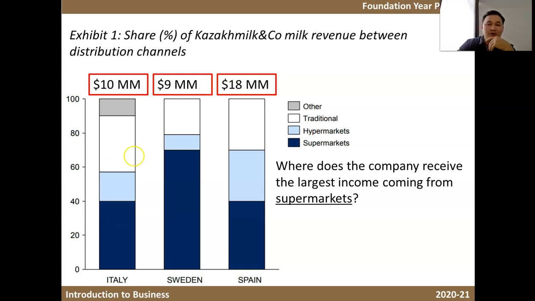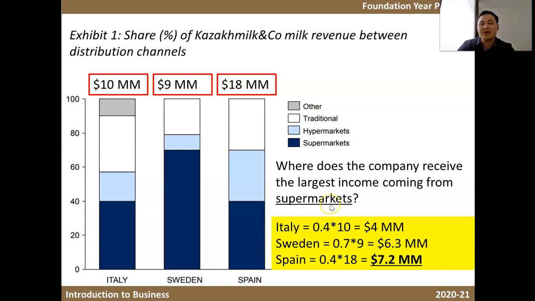We know that supermarkets is the dark blue. In Italy it's 40%, Sweden 70%, Spain 40%. We are also given the revenue. So we need to calculate how much money is actually coming to Kazakh Milk and Co. from supermarkets. Then you just calculate it, and we can see that Spain is generating the largest revenue from sales of products from supermarkets as a distribution channel.